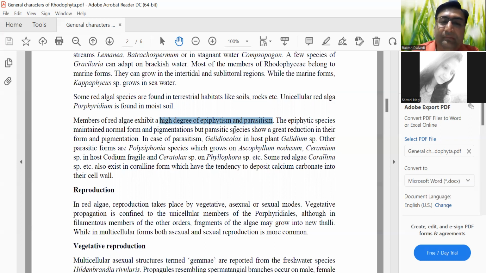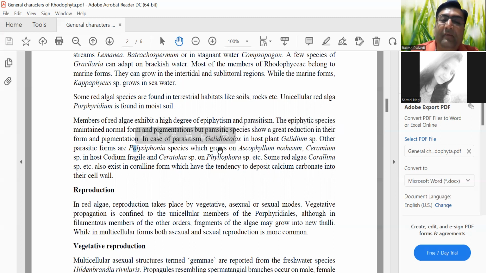For example, in case of parasitism, Gelidium is the host plant, and on this Gelidium the parasitic red alga is Gelidiocolax. Other parasitic forms are Polysiphonia species.